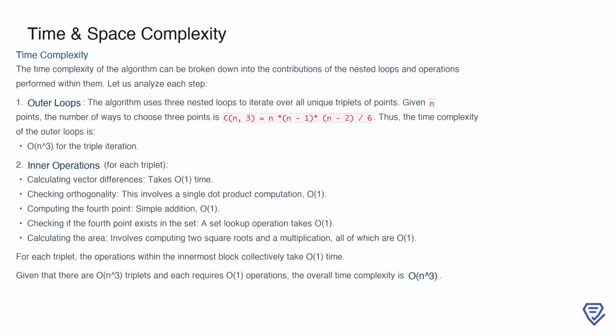Within each triplet, there are several operations performed: calculating vector differences, checking orthogonality using a dot product, computing the 4th point, verifying if that 4th point exists in the set, and finally calculating the area. Each of these operations is constant time, or O(1). Since all operations inside the inner block are O(1), and there are O(n³) triplets, the overall time complexity of the algorithm is O(n³). This efficiency stems from the fact that we've limited the computationally intensive part to the triplet selection and avoided unnecessary iterations over all point combinations.